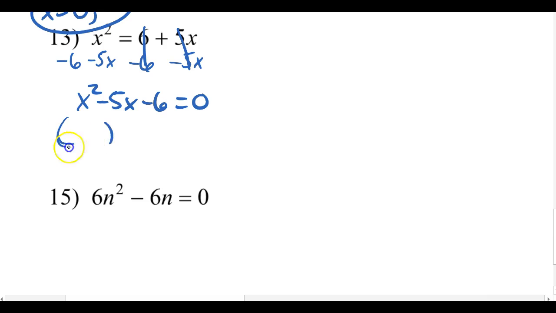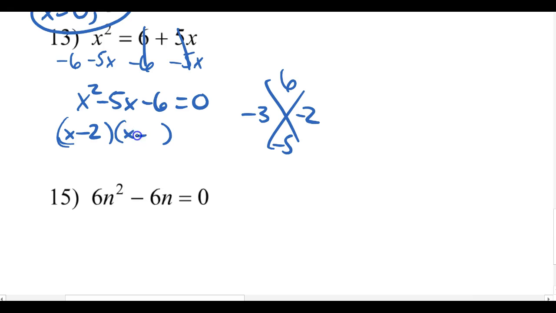Go ahead and factor that. 6 here, negative 5 here. Numbers are going to be 3 and 2. They both have to be negative. x minus 2, x minus 3. And then x is a liar, so our answer will be positive 2 and positive 3.